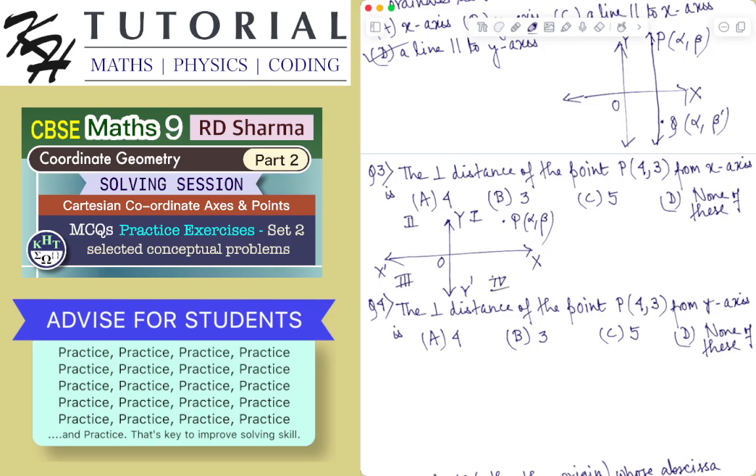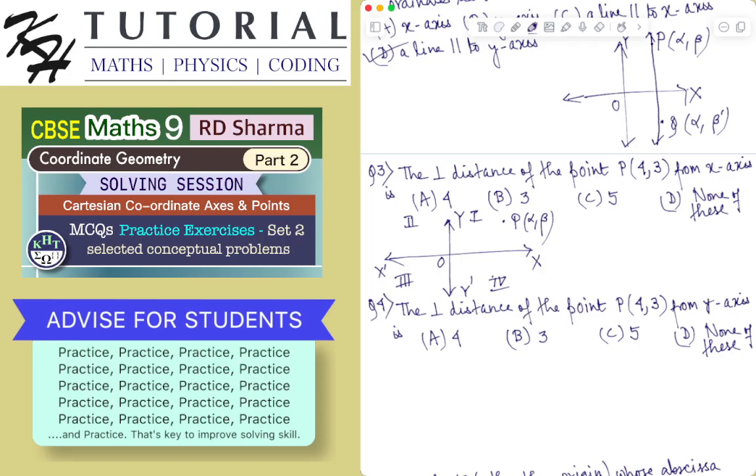Okay. So now given the coordinate of a point P, what will be the perpendicular distance of the point from the y-axis and x-axis? You must understand this clearly. Obviously, the way we define a coordinate of a point, the abscissa or the x coordinate is always the distance from the y-axis.